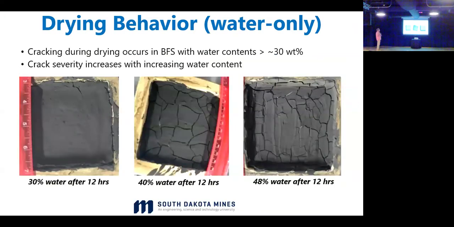And this is the sort of behavior that we'd see: 30% water after 12 hours, a little cracking, 40% water, a lot of cracking, 48% water, just a tremendous amount of cracking. And the cracking is bad because we want to form the piece, let it dry, and then put it in a kiln and fire it. So cracking is bad. And we saw that right away with this 30% water content.